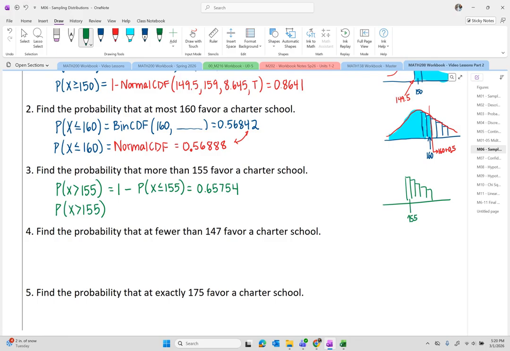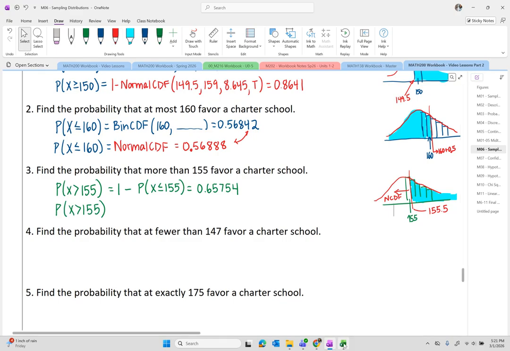When they ask me to calculate the probability of being greater than 155, I need to add these areas to the right, and the cutoff for the continuous distribution is 155.5. And remember that the normal CDF will find this area, so I will need to subtract it again from 1.